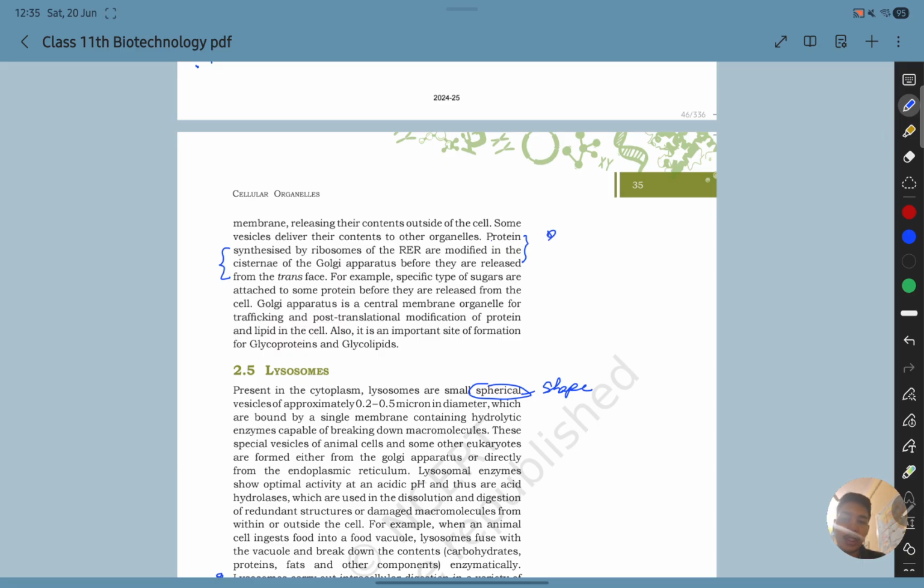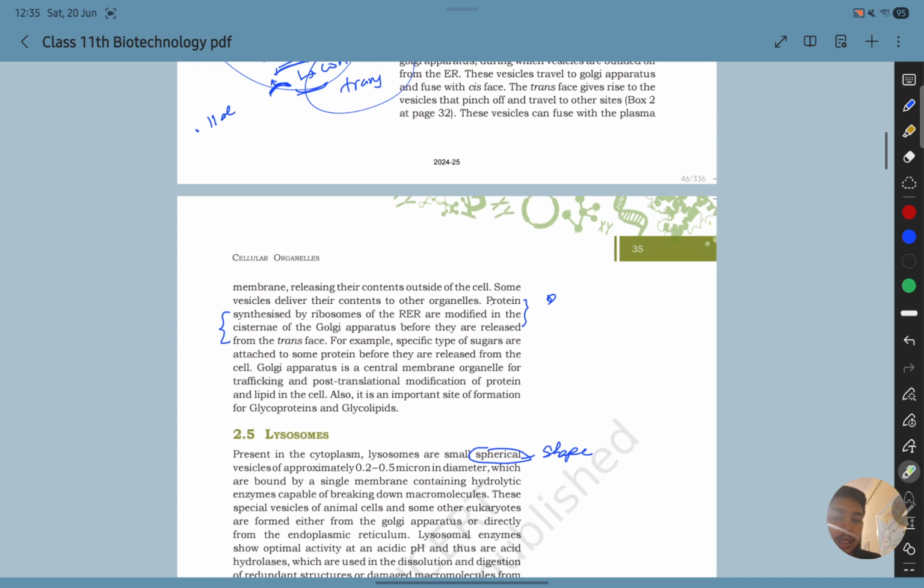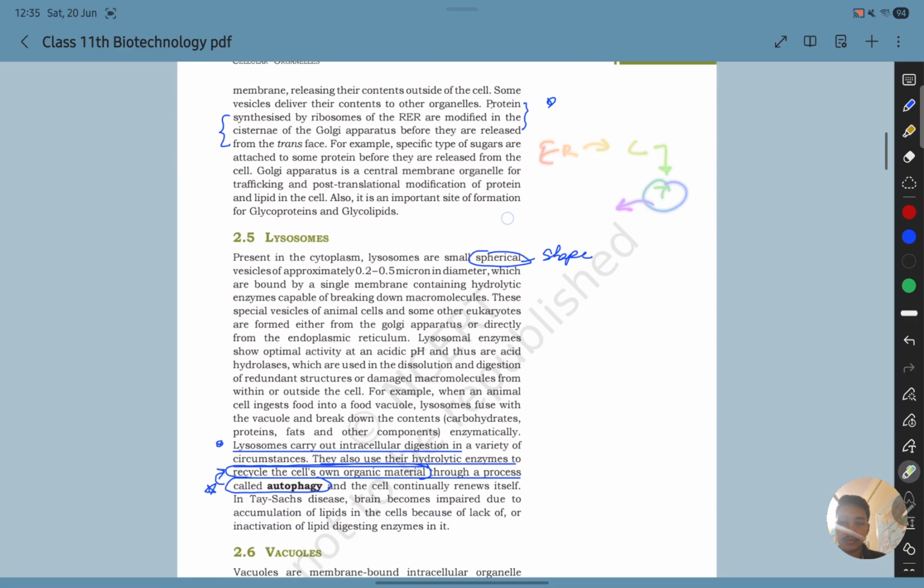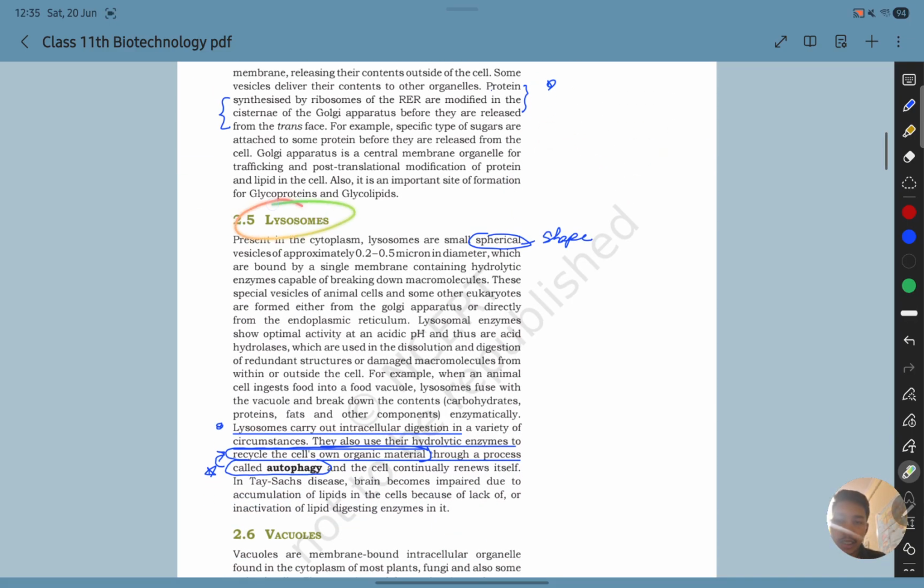A very important point is that proteins synthesized by the ribosomes on the rough endoplasmic reticulum are modified in the cisternae of the Golgi apparatus before they are released from the trans face. So the Golgi apparatus has two faces, cis and trans. Cis is for intake and trans is for outgoing. Whatever the endoplasmic reticulum makes, it gives to cis, cis passes it to trans, and trans passes it to other bodies. Now we are reading about lysosomes.